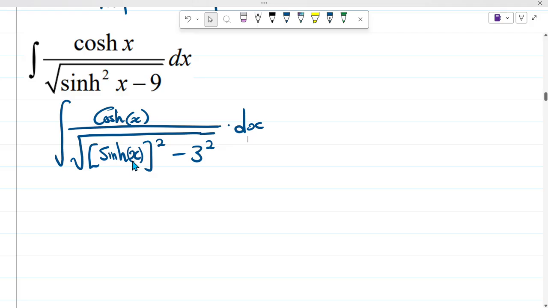That's what I'm trying to say. So we check: when we differentiate hyperbolic sine of x, what do we get? We get hyperbolic cos of x, which is exactly what I have on my numerator, meaning that this question satisfies one of the formulas that I have there.